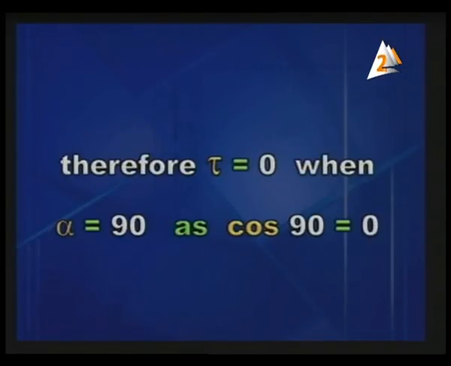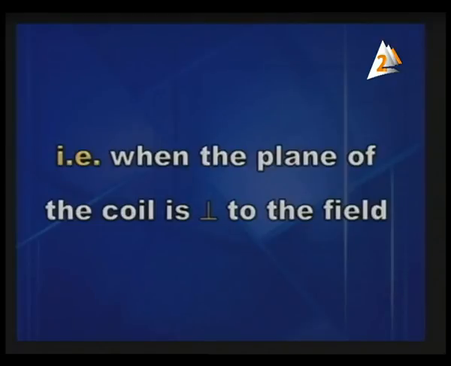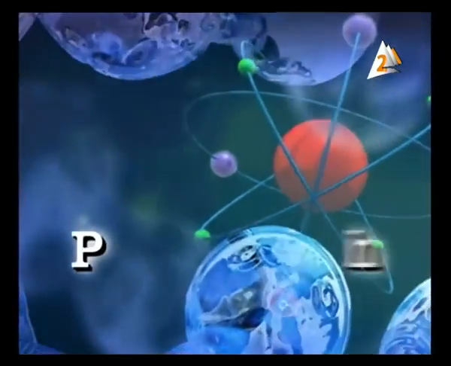So torque is equal to 0 when alpha is 90. This happens in the vertical position. Cosine 90 is equal to 0. That's to say, when the plane of the coil is in the vertical position, it is perpendicular to the field.